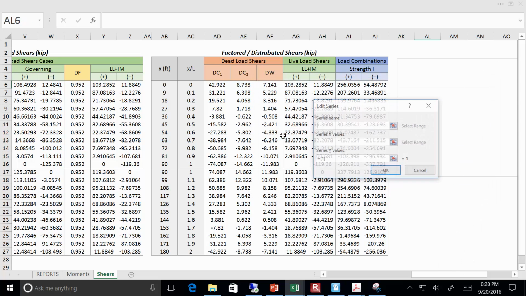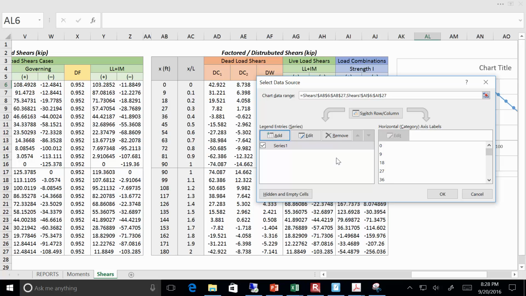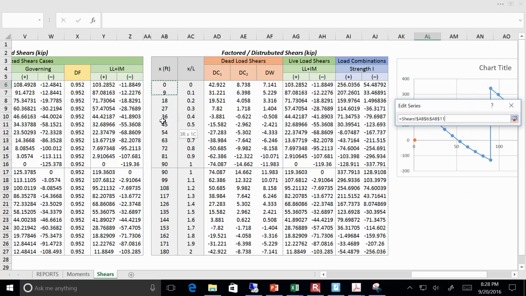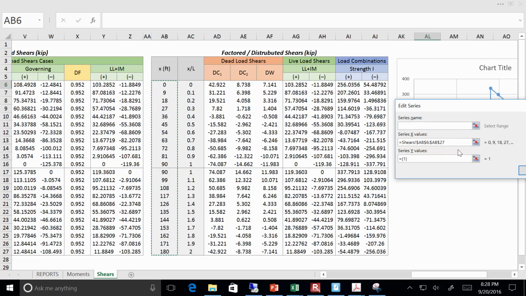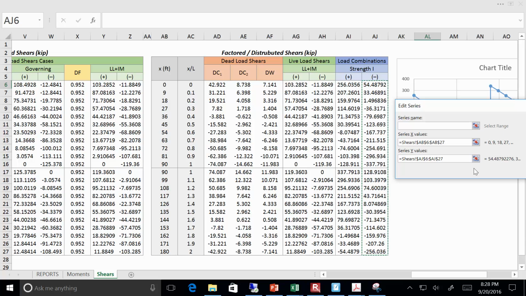Now let's add some series. The first one, there's my x coordinates, and here's my y coordinates. Second one, here's my x coordinates, here's my y coordinates.